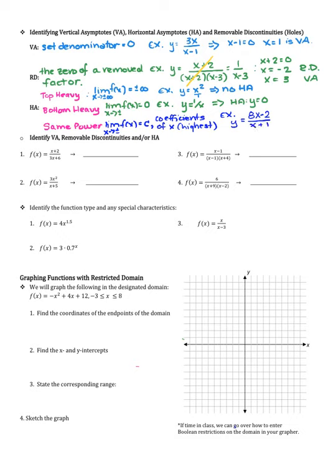What I would do, I can't remove any factors, so I have a power of x on top that is the same as the power of x on bottom. What I'm going to do is just look at the coefficients in front of those x's, and that gives me a horizontal asymptote of, whoops, I should say y equals 8. Let me clean that up a little bit.